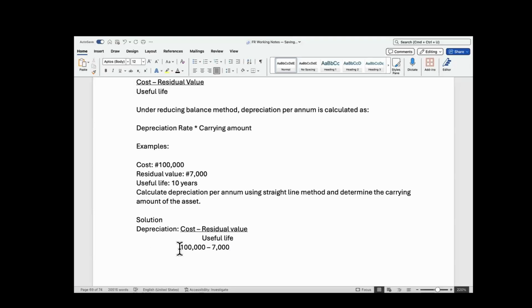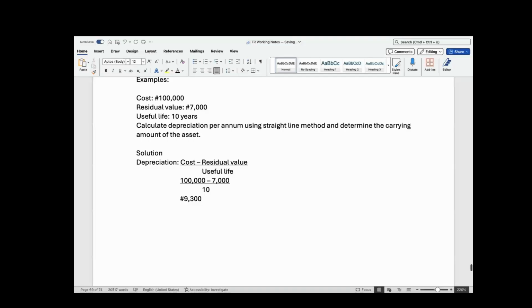Residual value is 7,000. Useful life of the asset is 10 years. The depreciation per annum simply gives me 9,300, right? With this 9,300, I'm asked to determine my carrying amount.